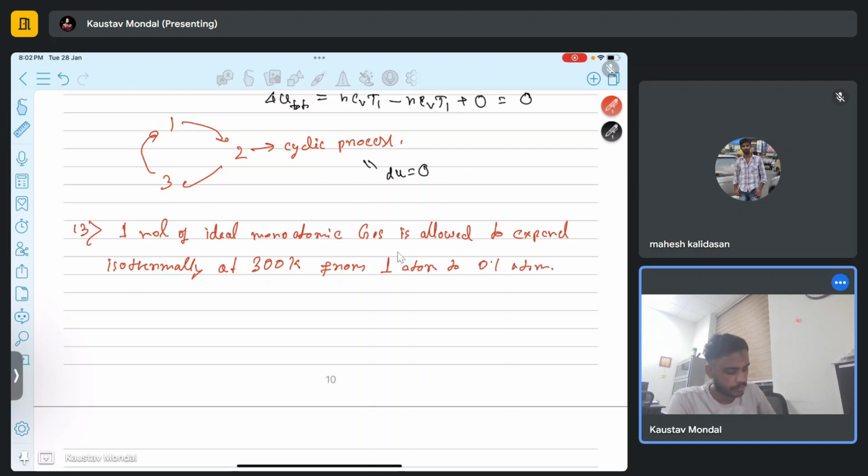Now if it's a reversible process, what is delta G in kilojoule? Delta G is basically nothing but the Gibbs function.